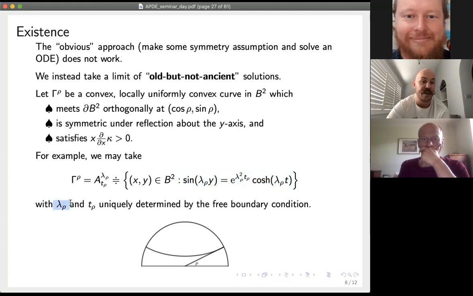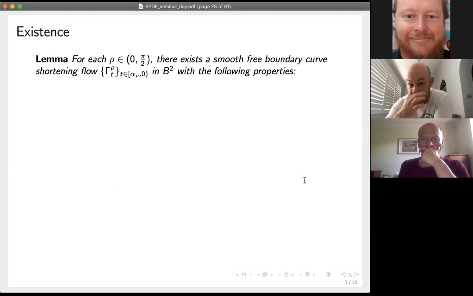The scale factor and the t at which these conditions are satisfied is uniquely determined, and this curve satisfies this monotonicity. Any old curve satisfying these properties will do for the construction, but it turns out that this one is a good choice for the uniqueness, because we can get some control over the particular solution we construct if we use these initial conditions. Hopefully that'll come out in the wash.